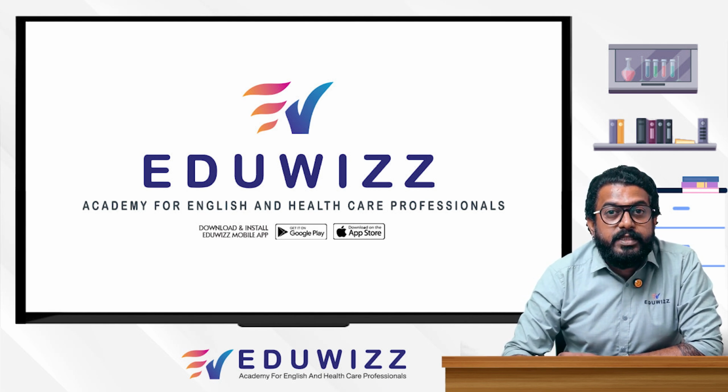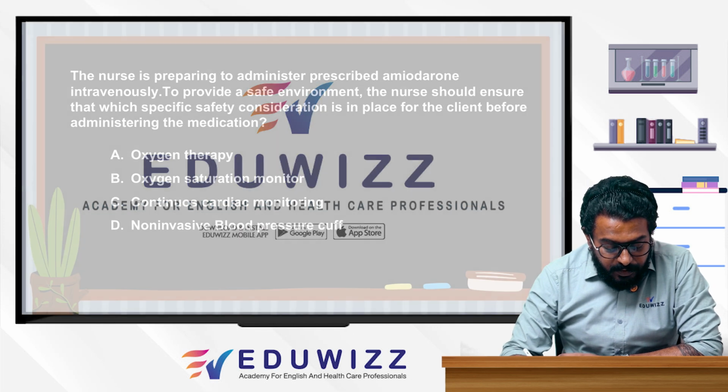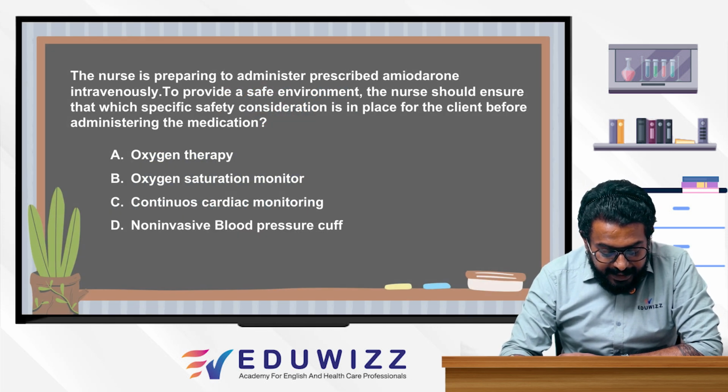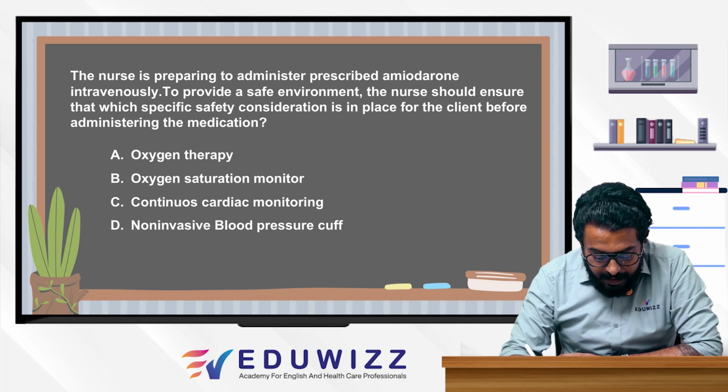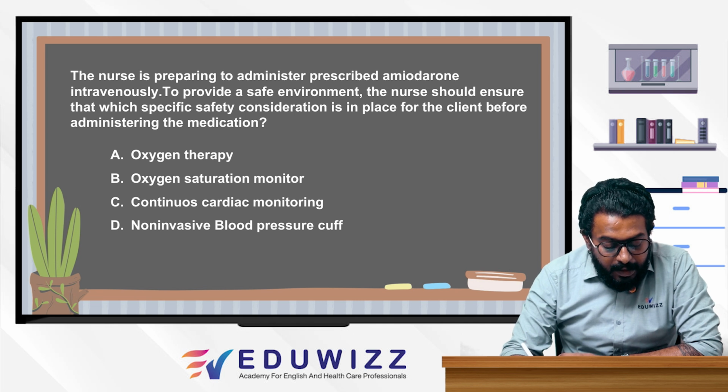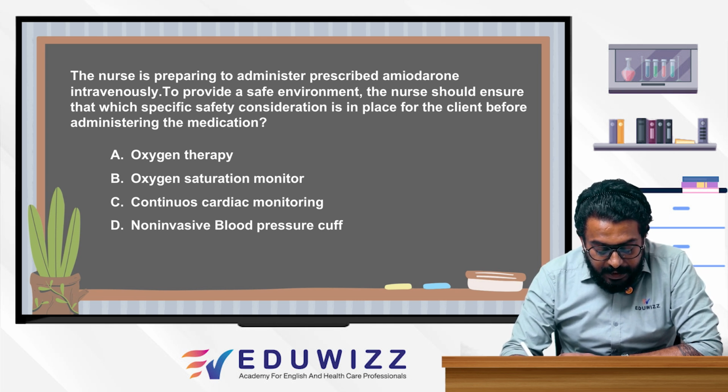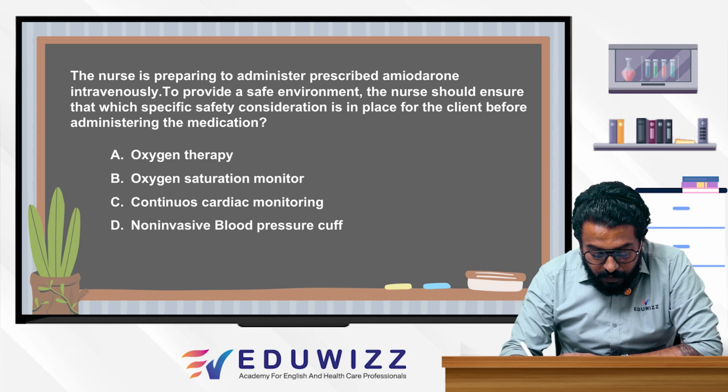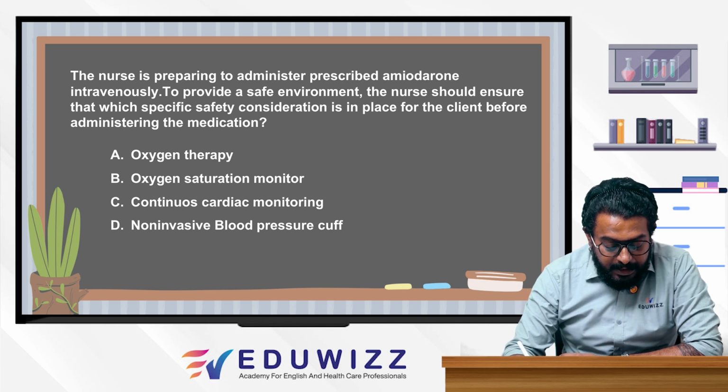So let's go to today's question discussion. First question: the nurse is preparing to administer prescribed amiodarone intravenously. To provide a safe environment, the nurse should ensure that which specific safety consideration is in place for the client before administering the medication?